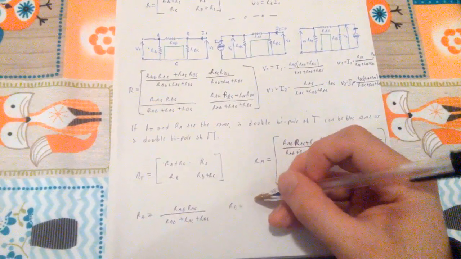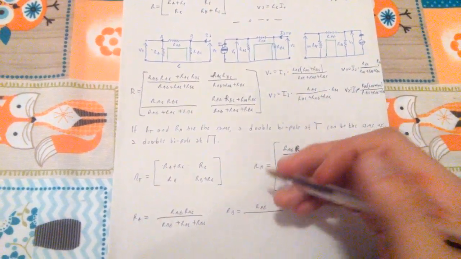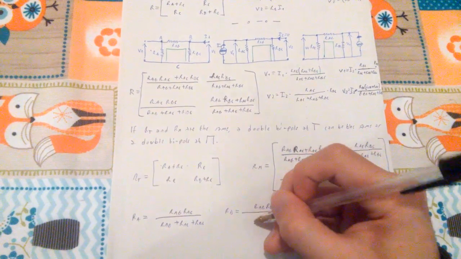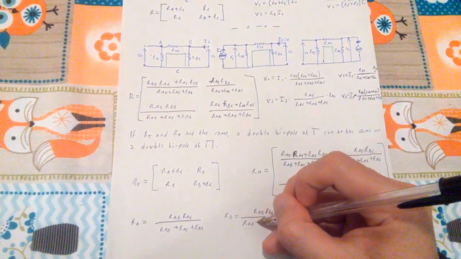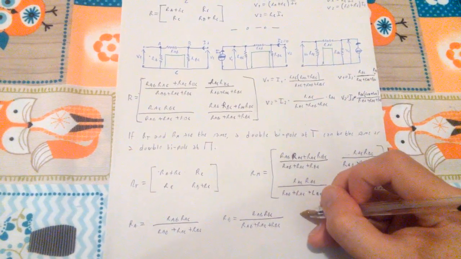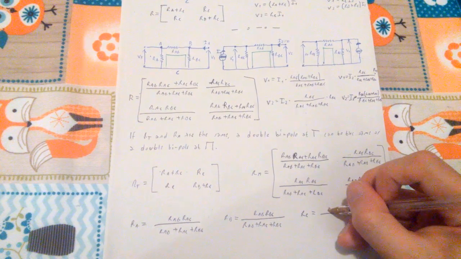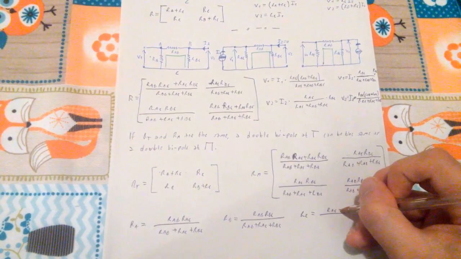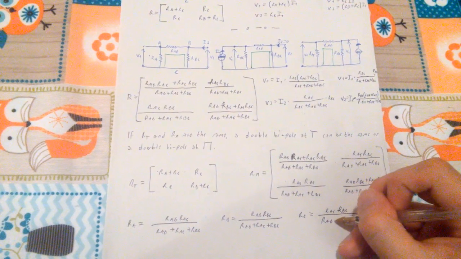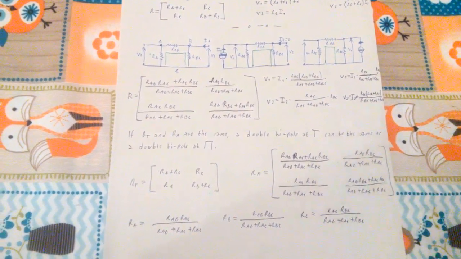RB has to be RAB, RBC over RAB plus RAC plus RBC. RC is RAC, RBC over RAB plus RAC plus RBC.